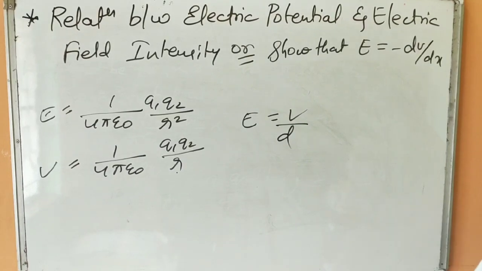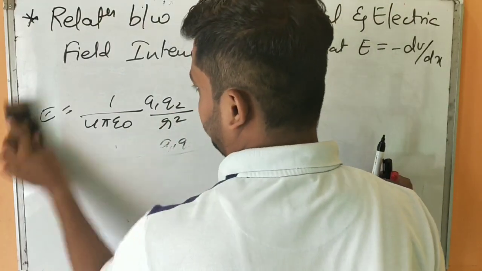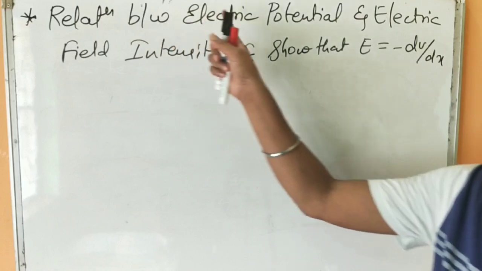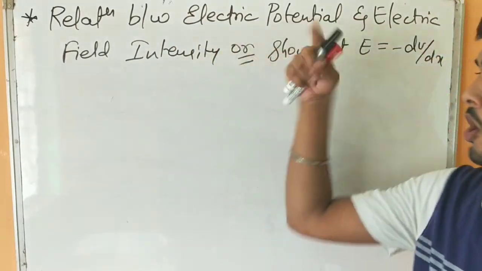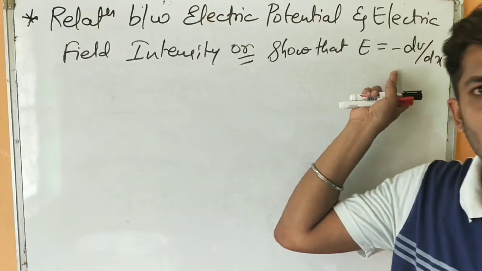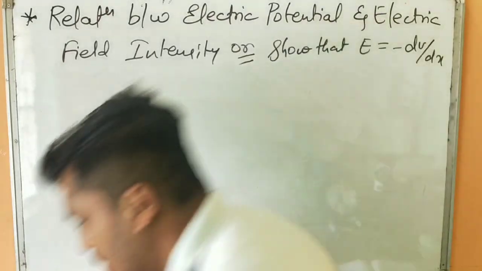Same relation we are going to derive by taking help of differentiation and a little bit of the potential energy also. So students, they are asking the relation between electric potential and electric field intensity, or else directly they may ask you in the exam to show that E is equal to minus dV by dx. So this is the expected equation that we want to derive.